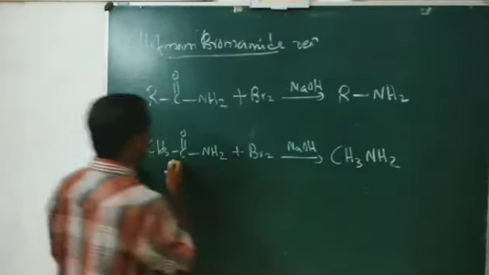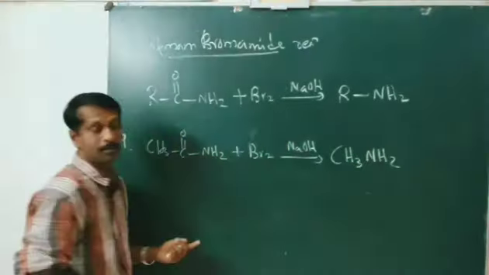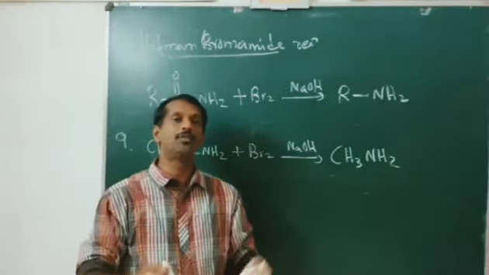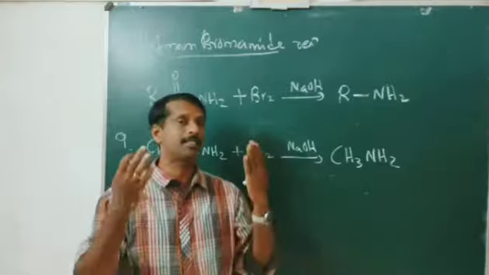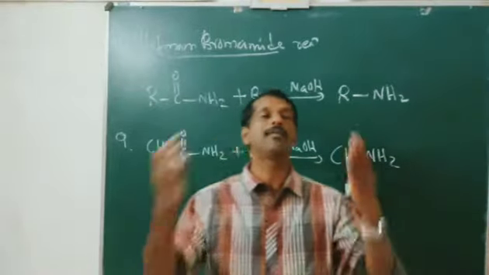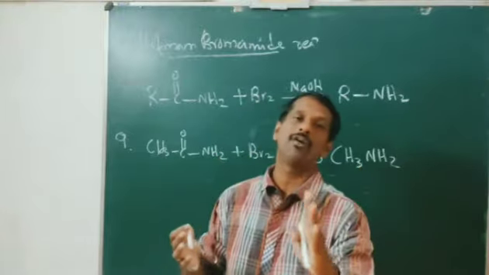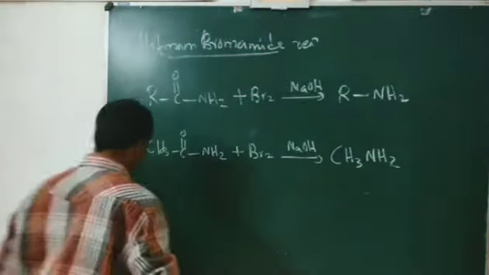So acetamide is converted to methylamine. Suppose the question is: how will you convert acetamide to methylamine? Keep in mind, acetamide contains 2 carbons and methylamine only 1 carbon. Therefore, the reaction is the Hofmann bromamide reaction.